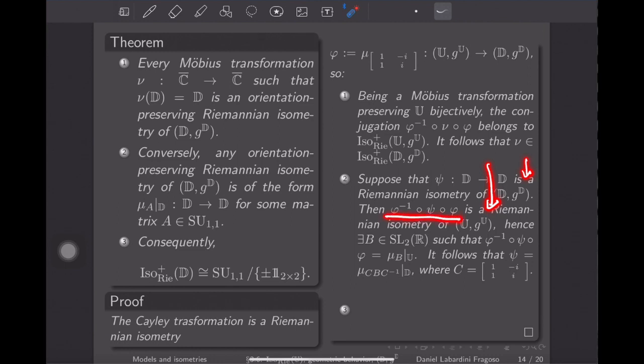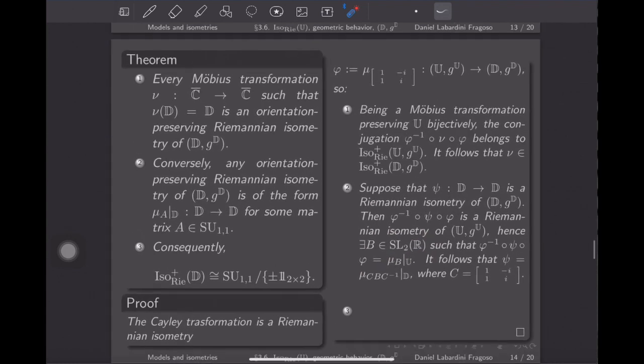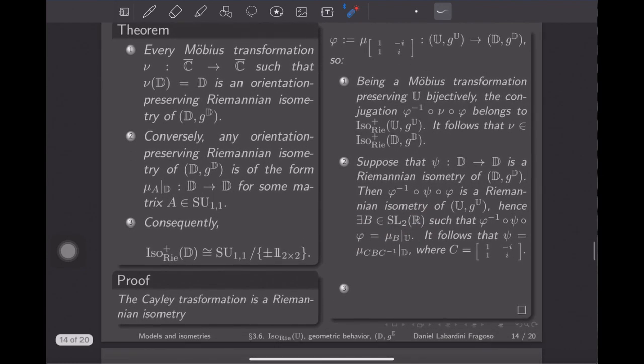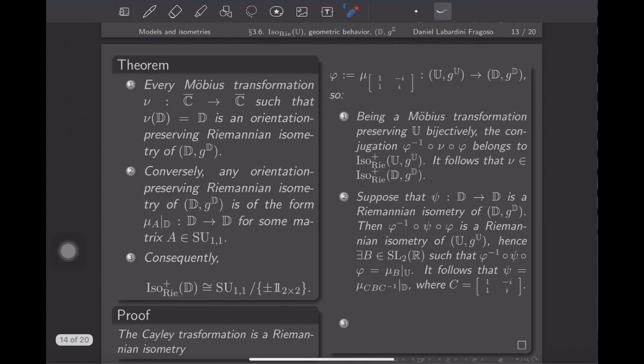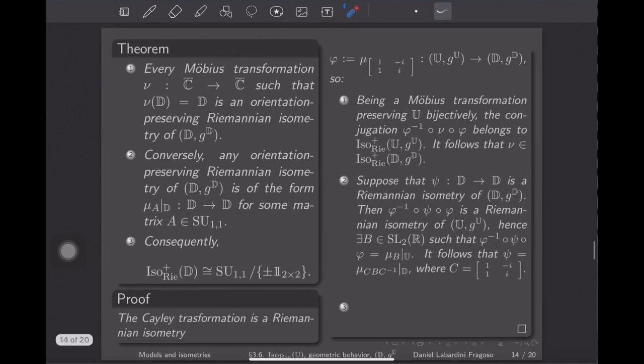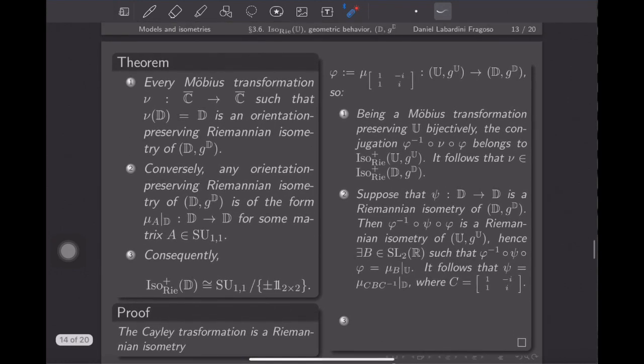So it can be presented as such a composition, as mu of some matrix in SL2R. Okay, and then once one has that, one somehow just composes with phi on the left and with phi inverse on the right. But composing with phi on the left is pretty much you just have to multiply with this matrix.